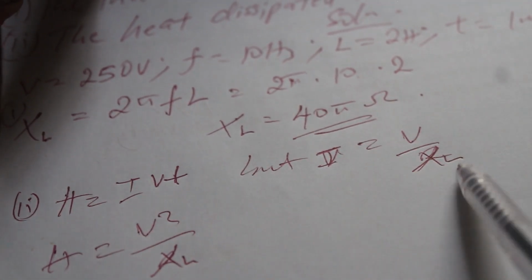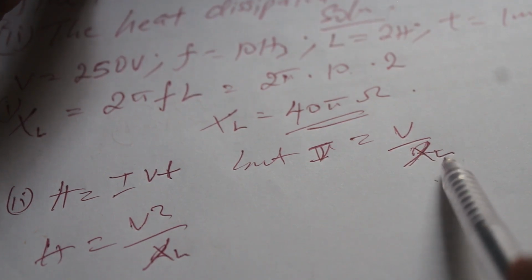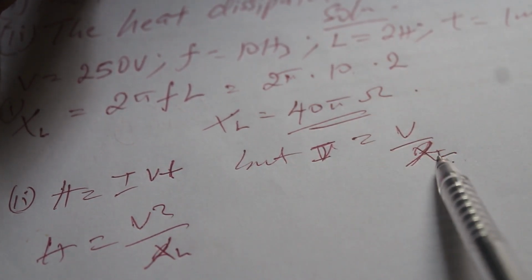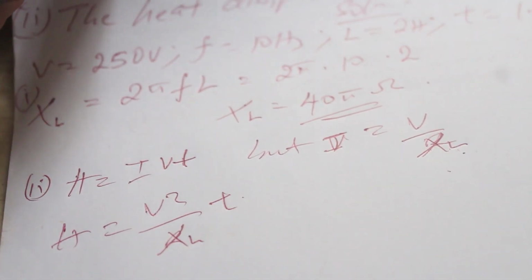Of course, we are dealing with an inductor in an AC circuit, and that means the only opposition to the flow of current here is the inductive reactance, denoted by XL, multiplied by T.